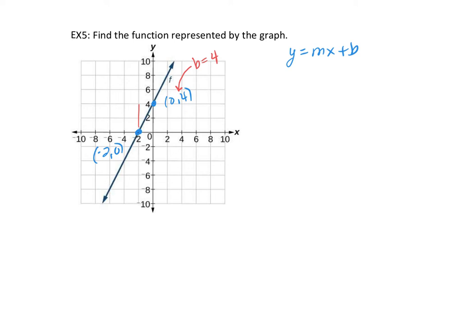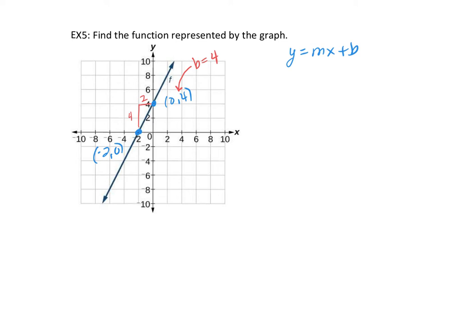So it's a positive 2 tick marks, but each tick mark is worth 2 units. This is actually up 4. And then I'm going to go to the right 1 tick mark, which would represent a value of 2. In this particular case, because the x and y axes are both labeled exactly the same, I could have used 2 and 1, but sometimes they're not.